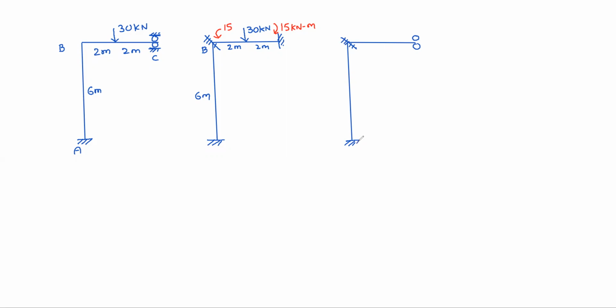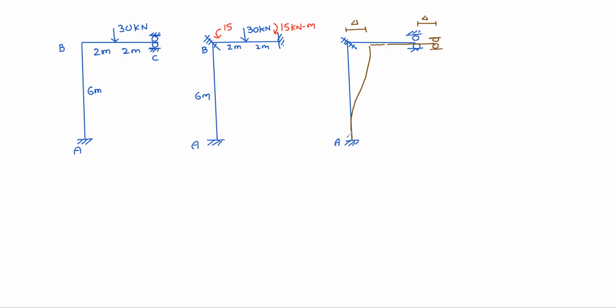Fixity at B remains like that only, but C we have released it. Because of this, the structure takes the shape like this. That means delta displacement it gets like this. Delta, rightward it goes.